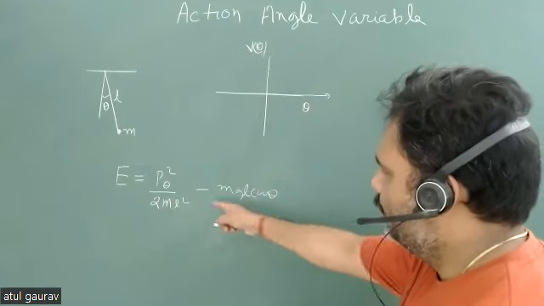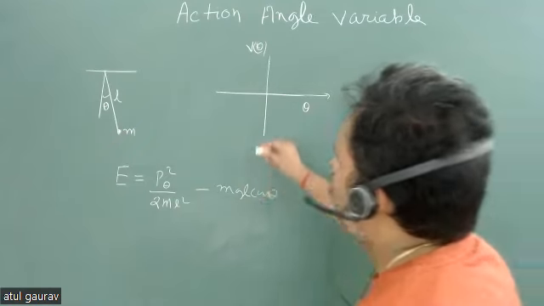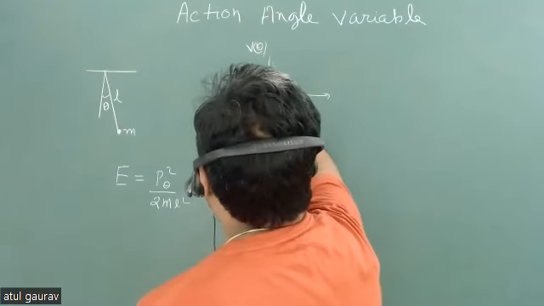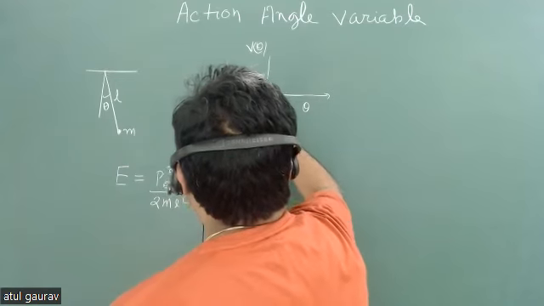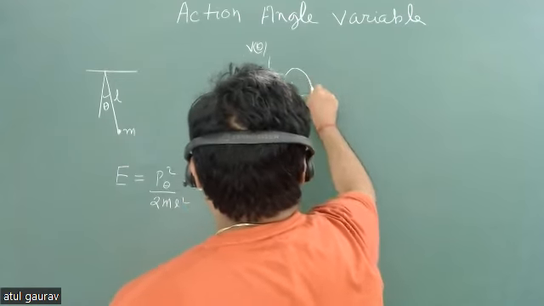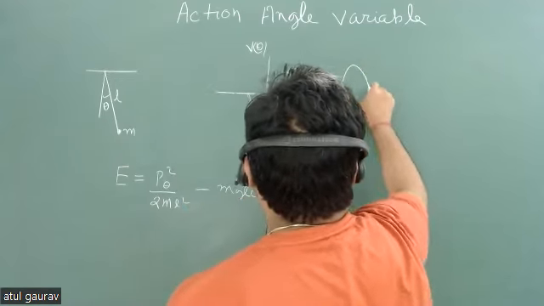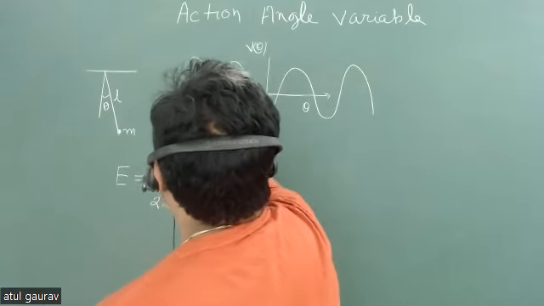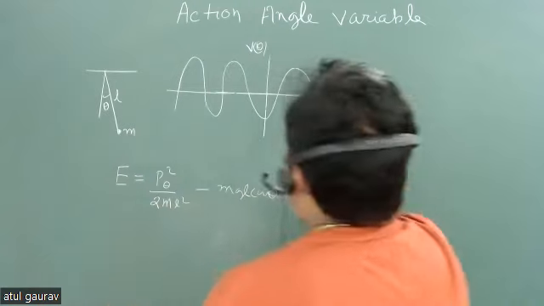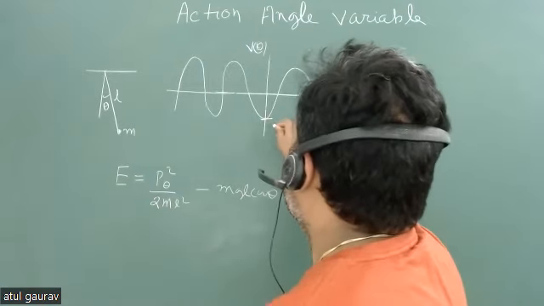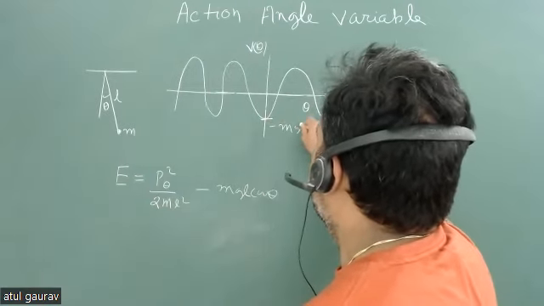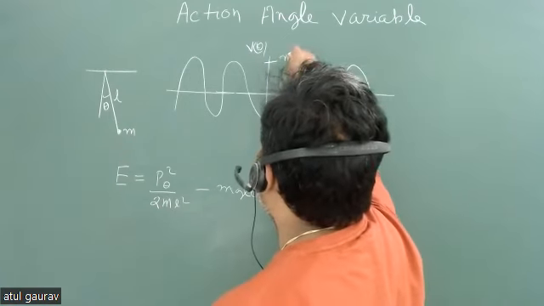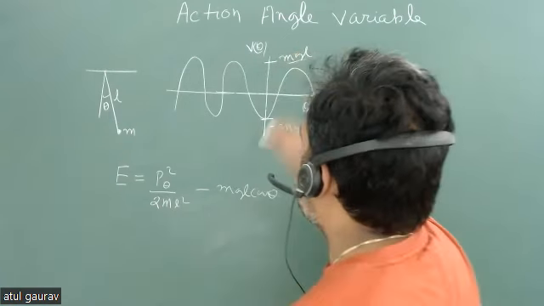Here my potential is minus mgl cos theta. You can see this potential will be something like this. This is a periodic potential, isn't it? This value is minus mgl, and this value is plus mgl.